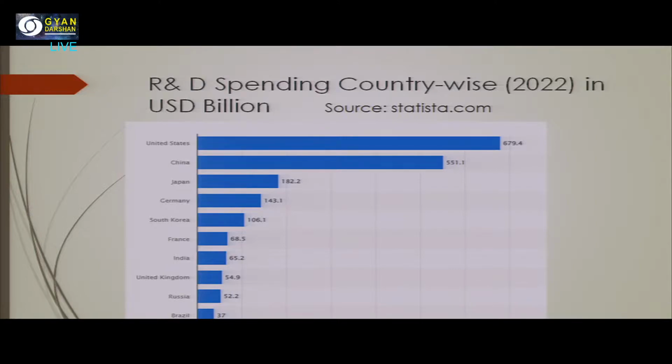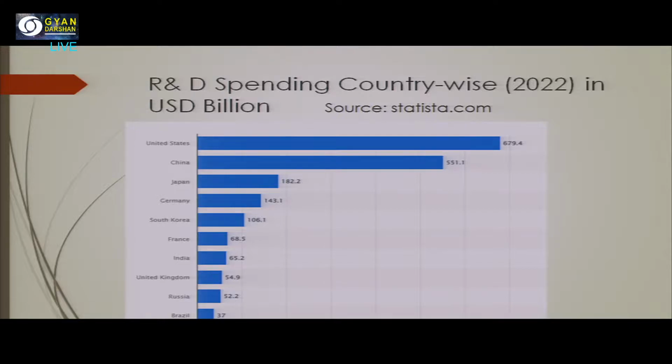Then comes China. China's story I'll be talking about in my case, how they use their diaspora. Then Japan and Germany. Japan and Germany have, for the last 5-6 years, also been attracting more high skilled people across the globe to their countries. Then South Korea, France, then comes India.